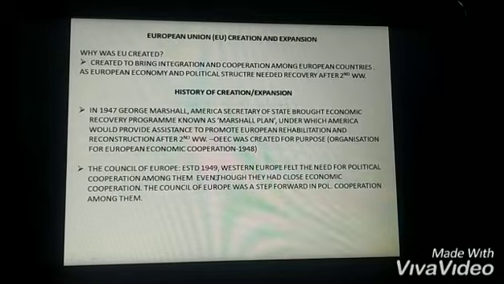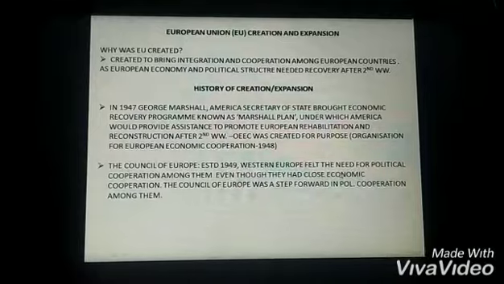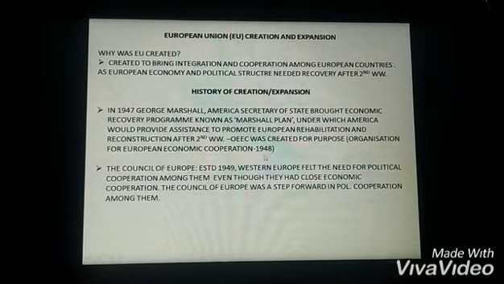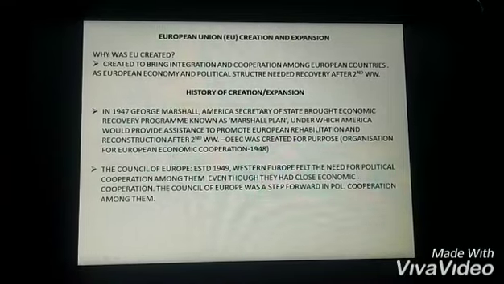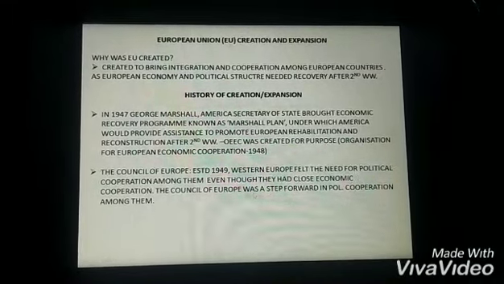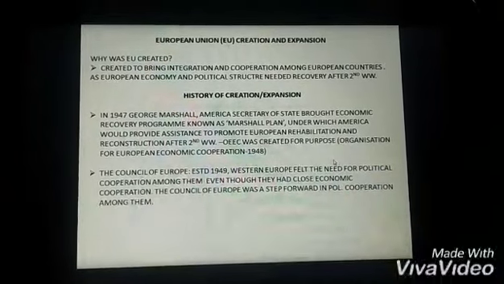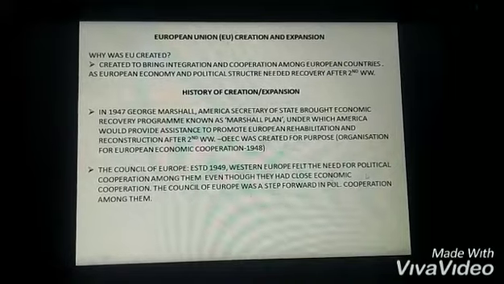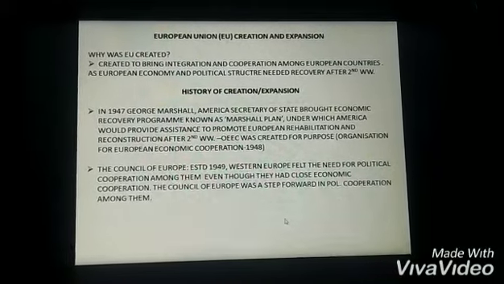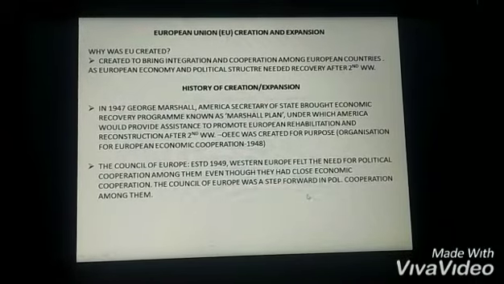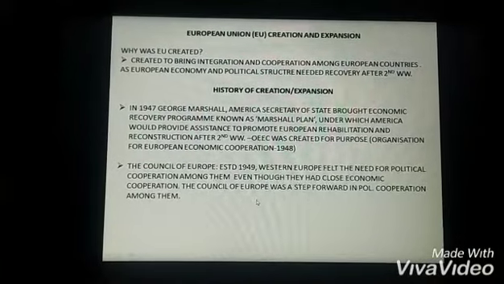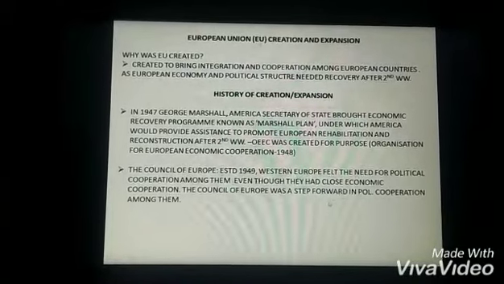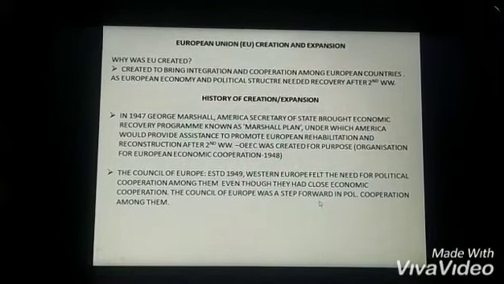Like I've been repeating, European countries felt the need for political cooperation among them, and even though by the creation of this Organization for European Economic Cooperation they started having close cooperation in the economic field, they felt a strong urge for political cooperation among them, and because of that, the Council of Europe was created by the European countries, and it brought a step forward in political cooperation among them.